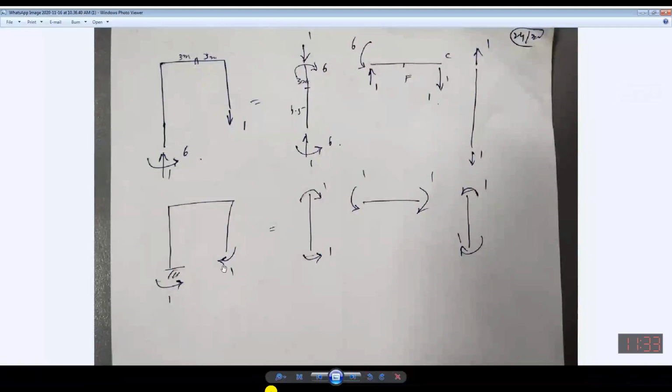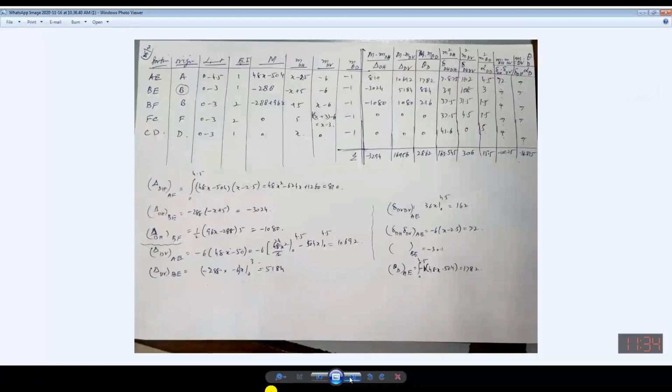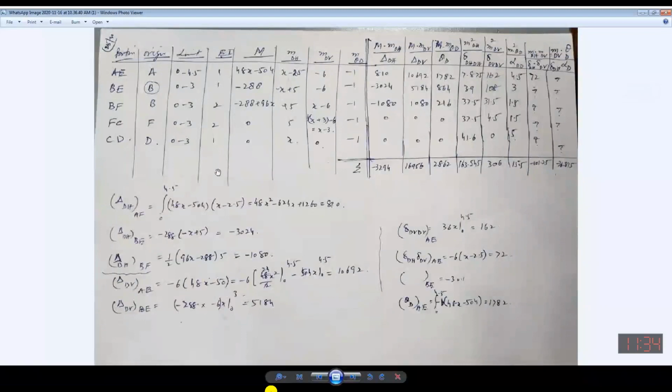This is the unit moment in any direction, and the result will dictate whether the direction was rightly or wrongly chosen. So it will make no difference, and then its solution is this one. This is the solution of this numerical. If you have the figure with you, there you can see AE, BE.